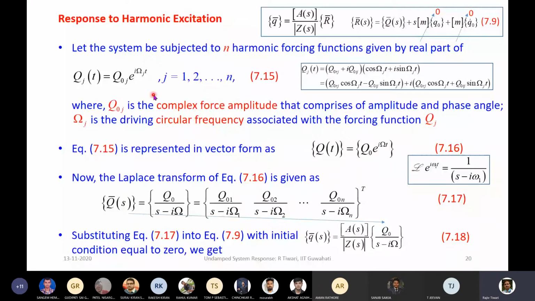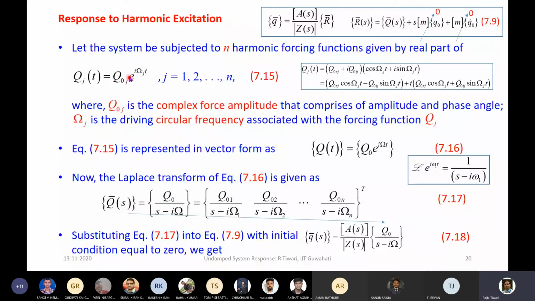So there are n number of forces in the system, and all force amplitudes are different, q naught j, as well as their frequencies. So basically, these are the external forces acting onto the system, and each has a different frequency. In fact, this q naught j part is complex in nature for the present, the way we have represented it.